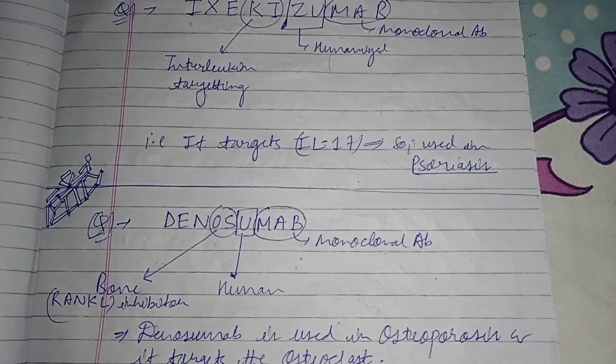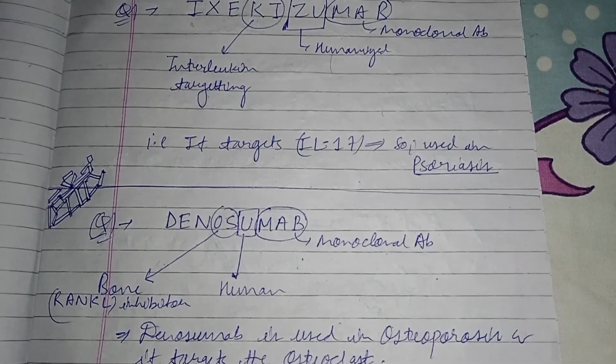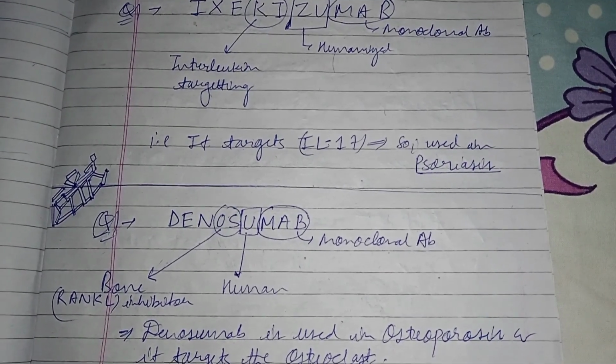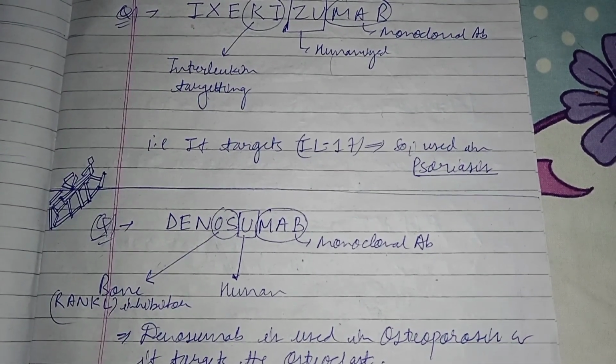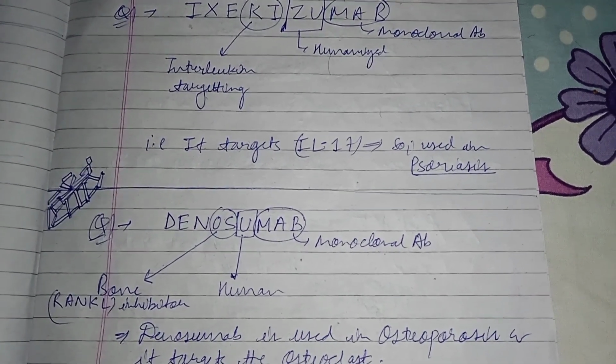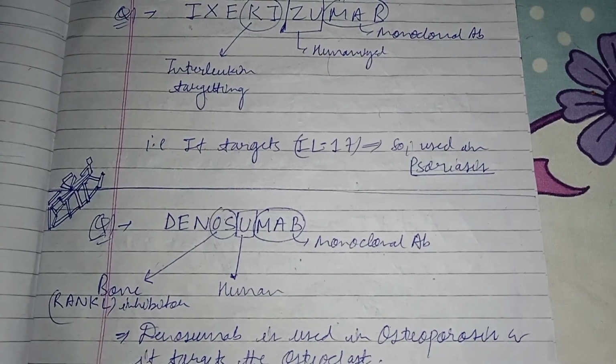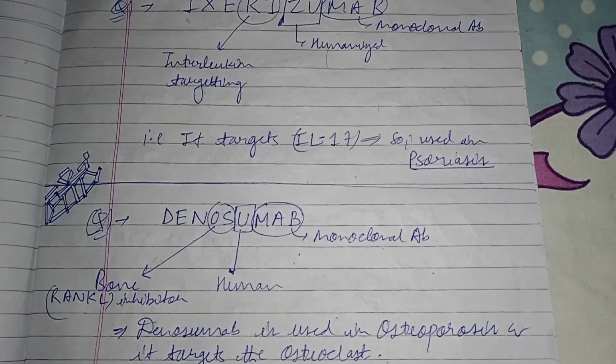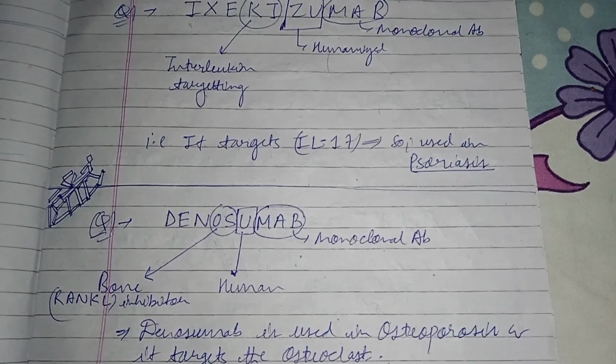The source of this denosumab is from human proteins, and OS over here tells us that it targets the bone. The target of the antibody, that is the substem 2 portion, OS. I have circled it over here. So it targets the bones.